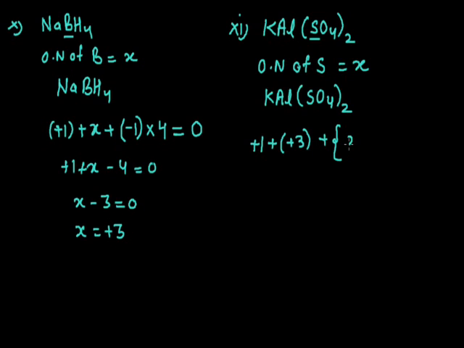Suppose the OS of sulfur is X, plus the oxidation number of oxygen, -2, and here 4 atoms of oxygen are present, so we multiply by 4.